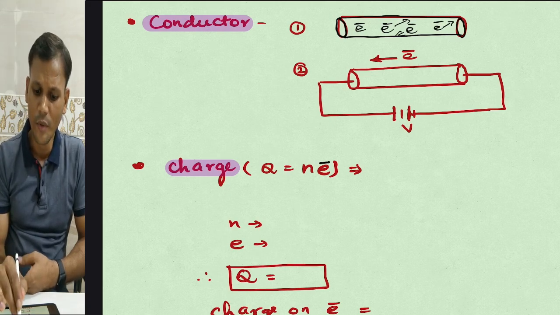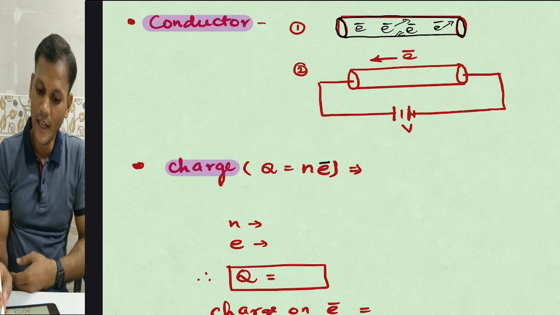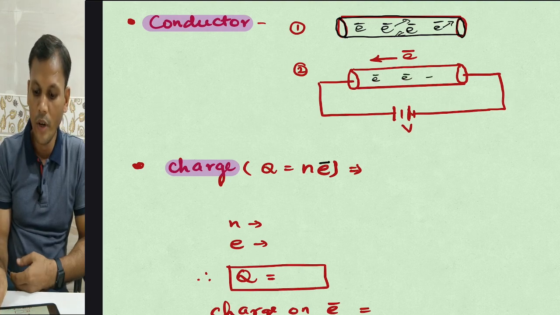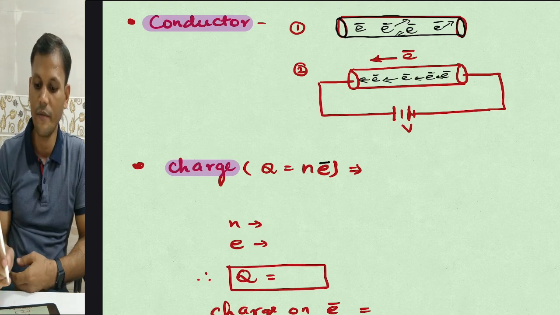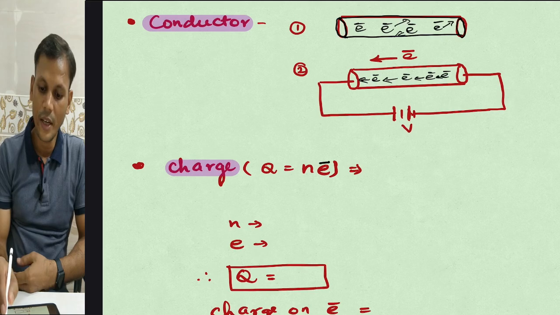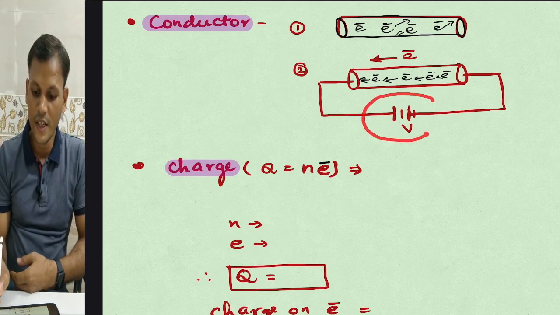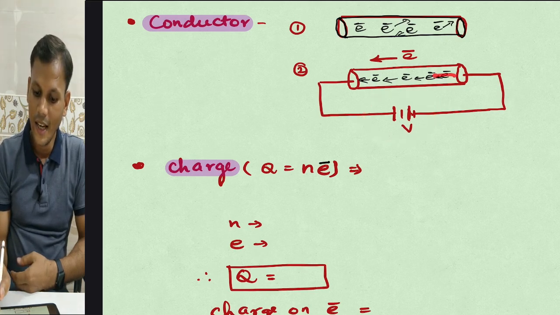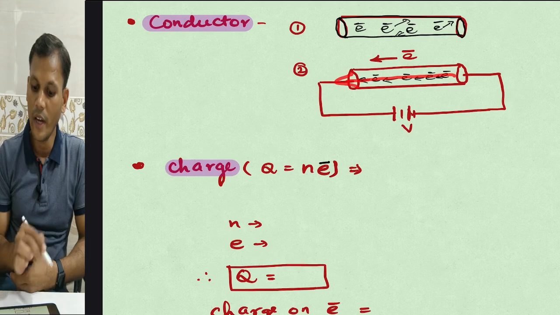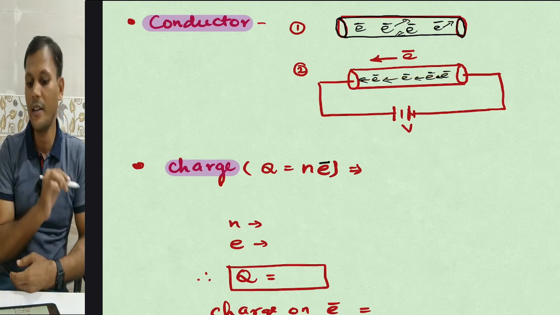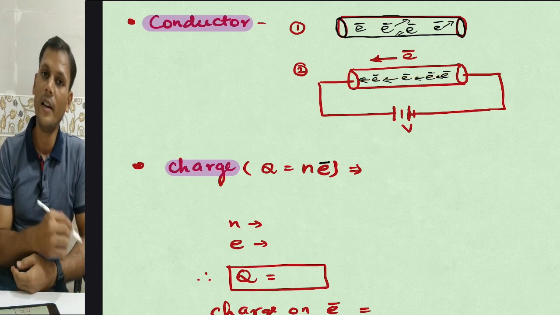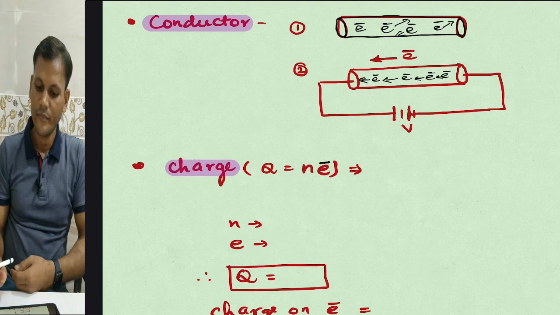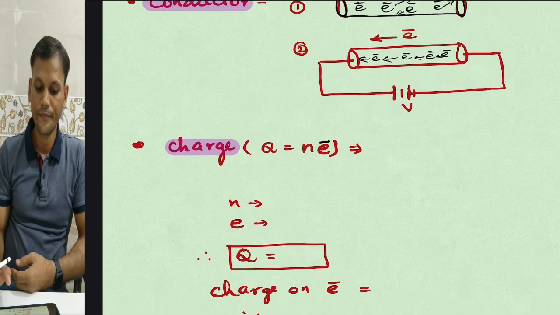In this case, all the electrons will arrange and move in a particular, specific direction due to potential difference. So as we apply the potential difference, these electrons will move in a specific direction. That is about the conductor.